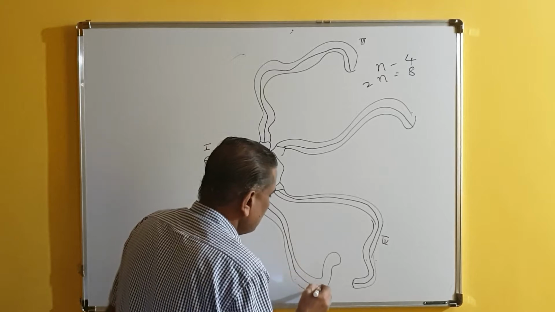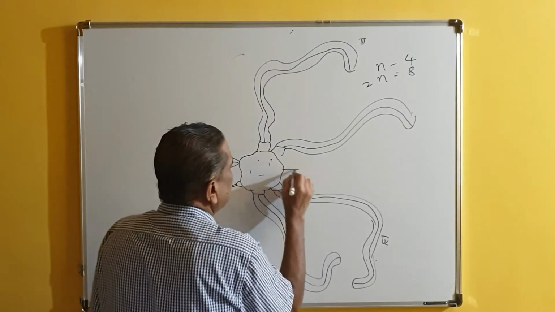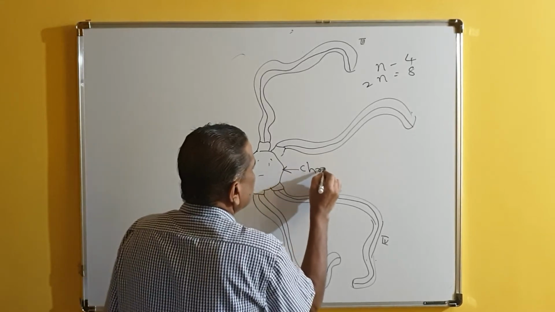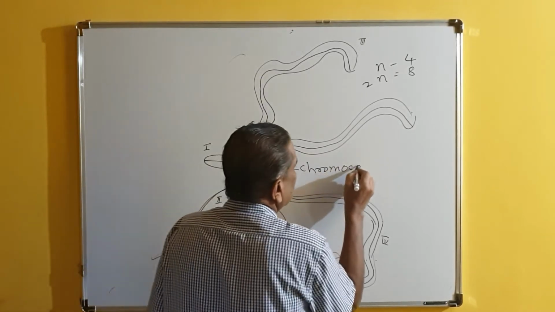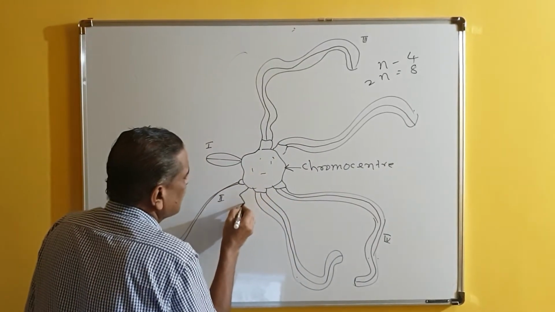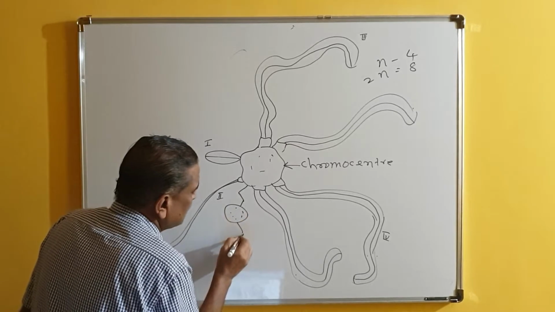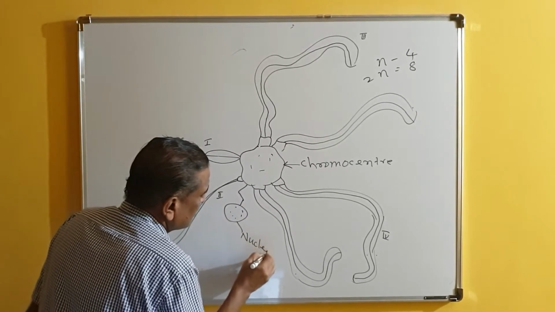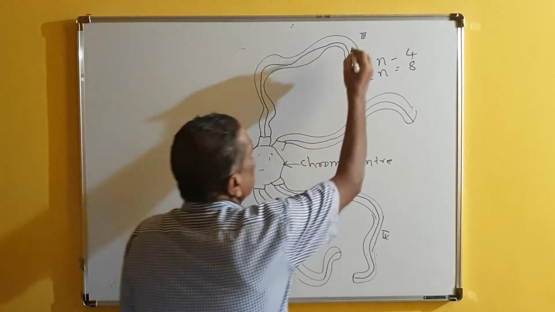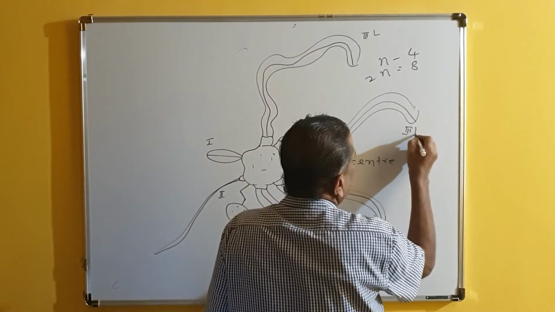So this is the chromosome, and this is called the chromocenter. Attached to this there will be a nucleolus. Here, third left arm, third right arm.